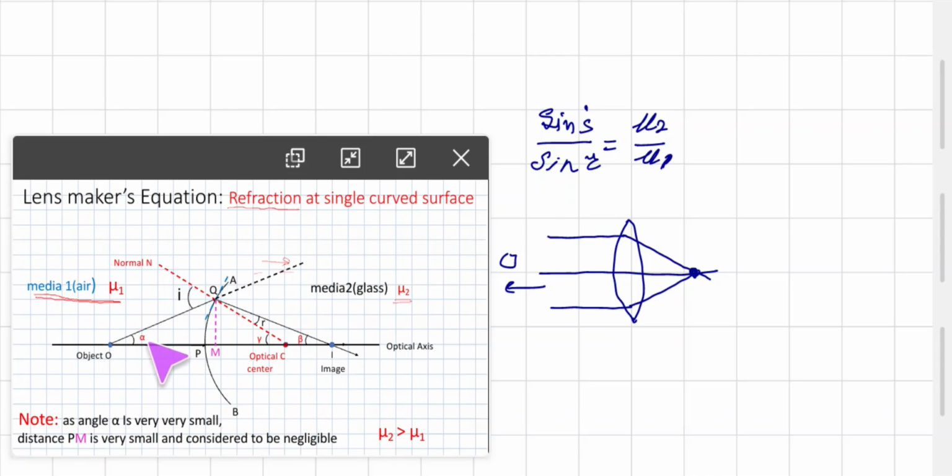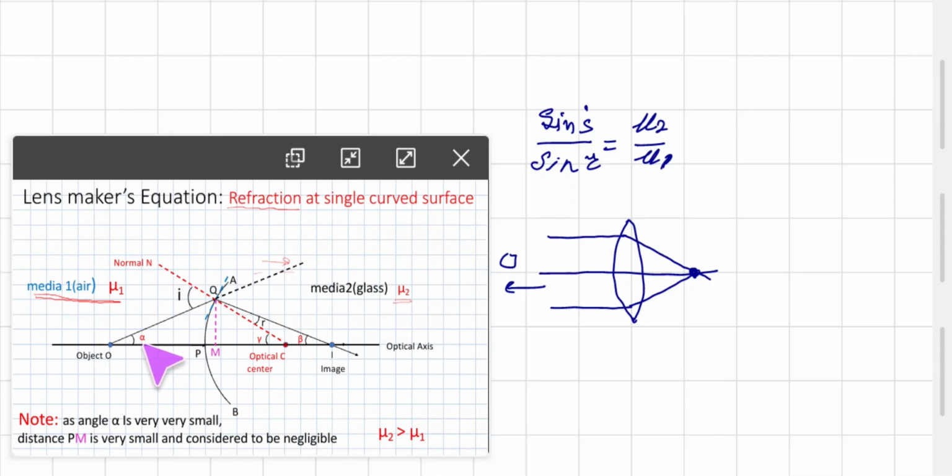Now this makes angle alpha. Here the ray which is refracted makes angle beta with the optical axis, and finally the normal which we have drawn makes an angle gamma with the optical axis.